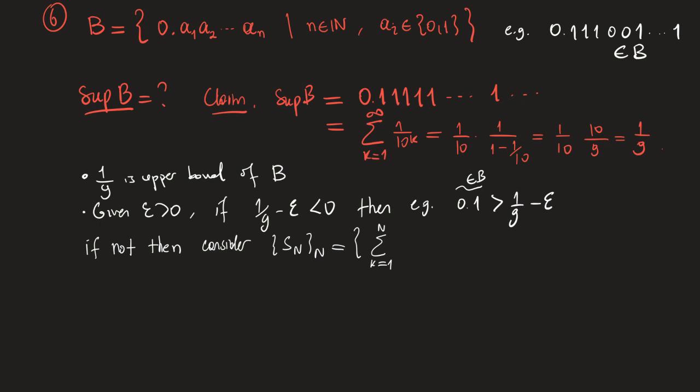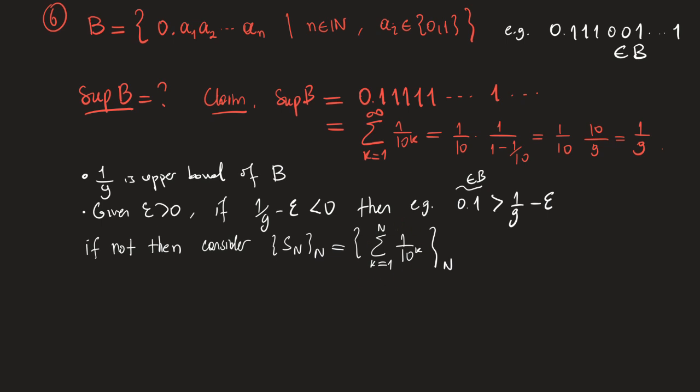Okay, from 1 over 10 to the k. This is a partial sum sequence, right? Which is inside of the set, because each element here is from the set, but not each element in the original set is in this form. Because it can be 0 1 0 1 0, so it is not the formula of this. So we are going to use the limit of this sequence.